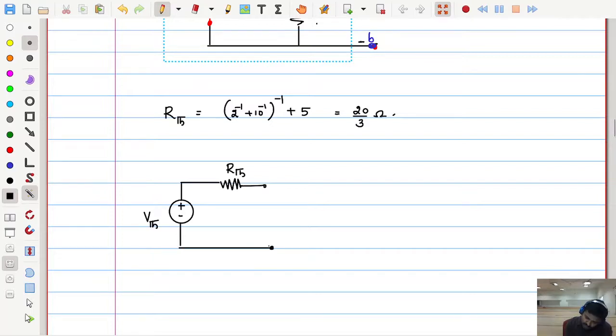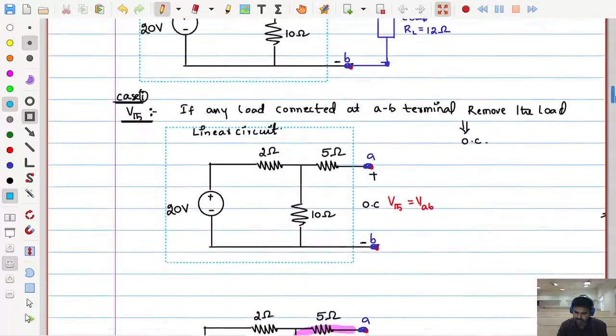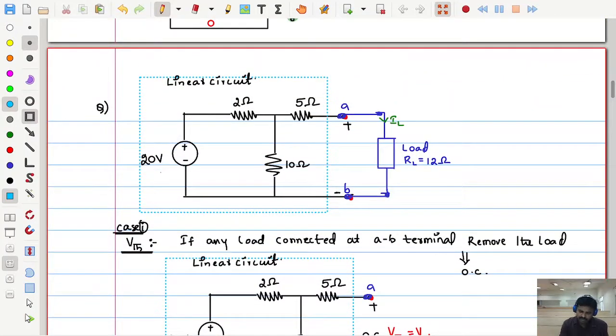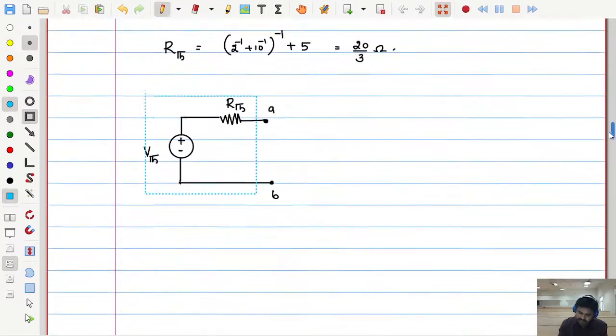This circuit is connected between the AB terminals. Previously there was a dotted line box. Now let me put that same dotted box. Previously those many elements were there: a 20 volt source, 2 ohm, 5 ohm, 10 ohm. All this combination I am replacing with one voltage source, which is VTH, in series with RTH.